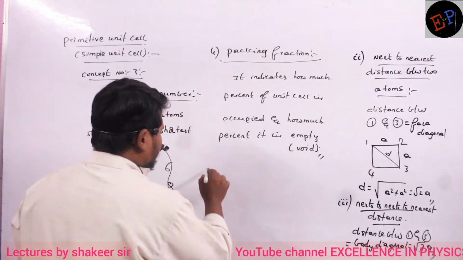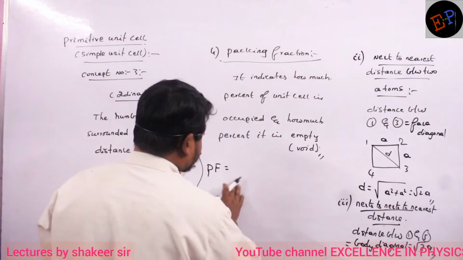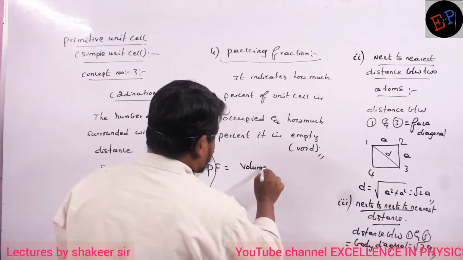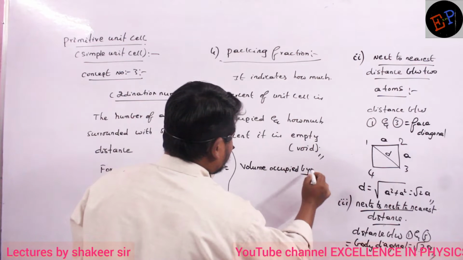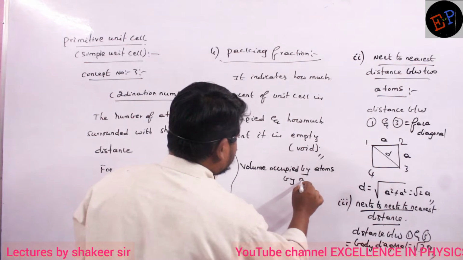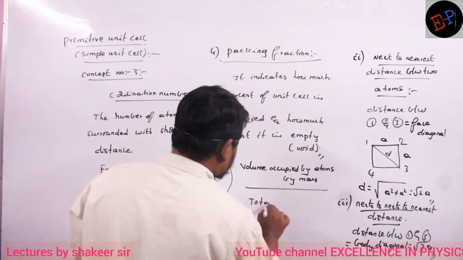So how can I write the equation for packing fraction? I can write it like this: volume occupied by atoms divided by total volume of unit cell.